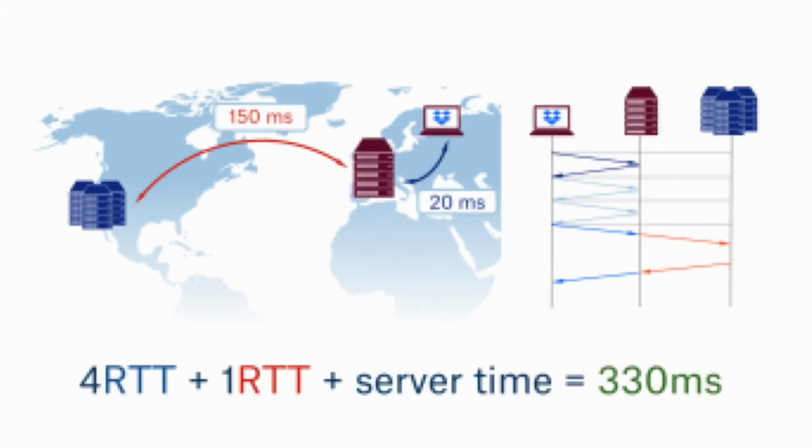But if you place the metadata server somewhere near Europe itself, the user can get the metadata information and contact the actual Amazon S3 cloud within 330 milliseconds. That's how we have improved the latency by a factor of 2, and that's the advantage of having a CDN.